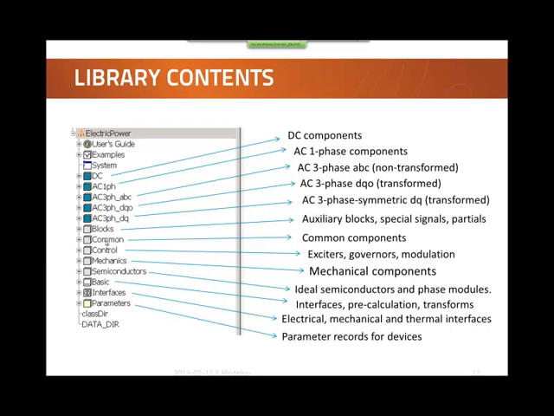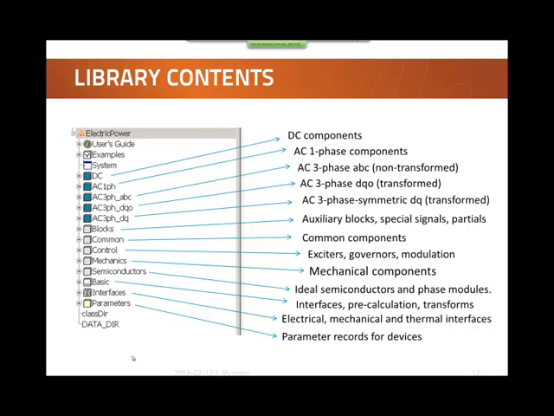Another package is called common, where some common components are packaged together, which are used in all systems. We have a mechanical package, basically masses and so on, and we have the semiconductors for power electronics, and some interfaces and so on in the basic package.